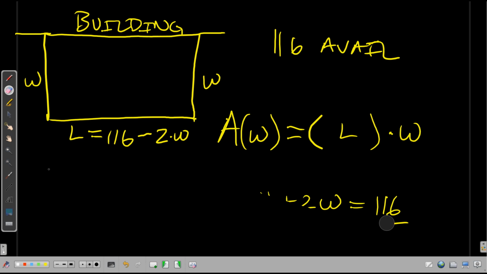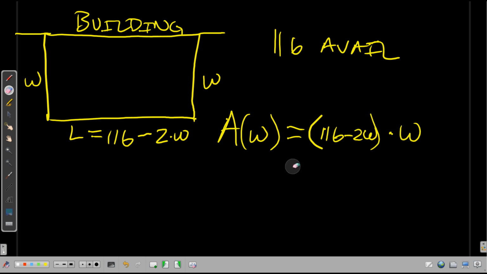And I can come back over to my area function and say that this length is now 116 minus 2w. And now I have a function of w. It's only got w.